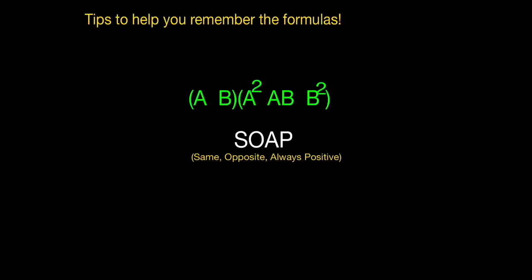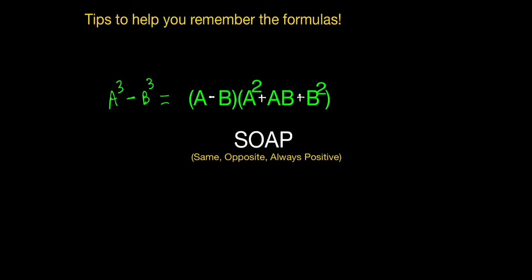For example, let's say that I'm trying to get the difference of two cubes, a cubed minus b cubed. The first sign here is going to be the same, so we're going to put a minus, and then we're going to put the opposite, which would be plus, and the final symbol here has to always be positive.